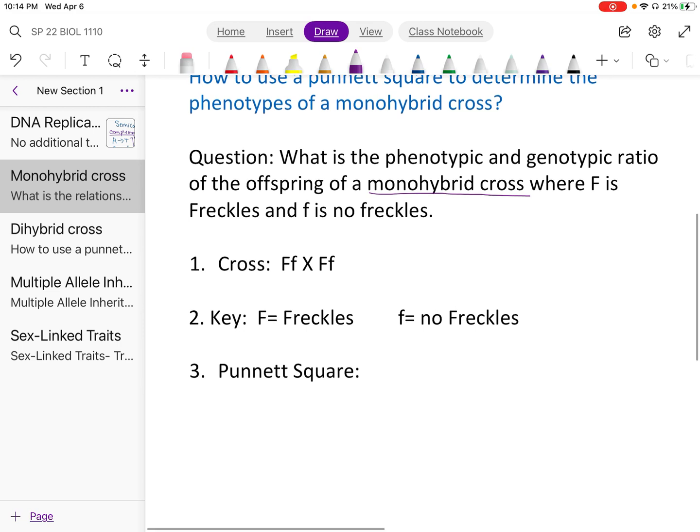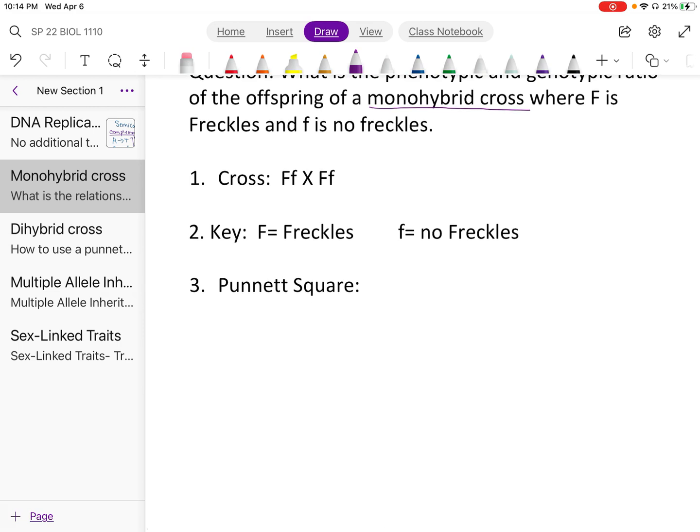The second step you're going to want to do is to write out your key. So a dominant allele for F is freckles, and if you have a homozygous recessive genotype, it's going to be no freckles.